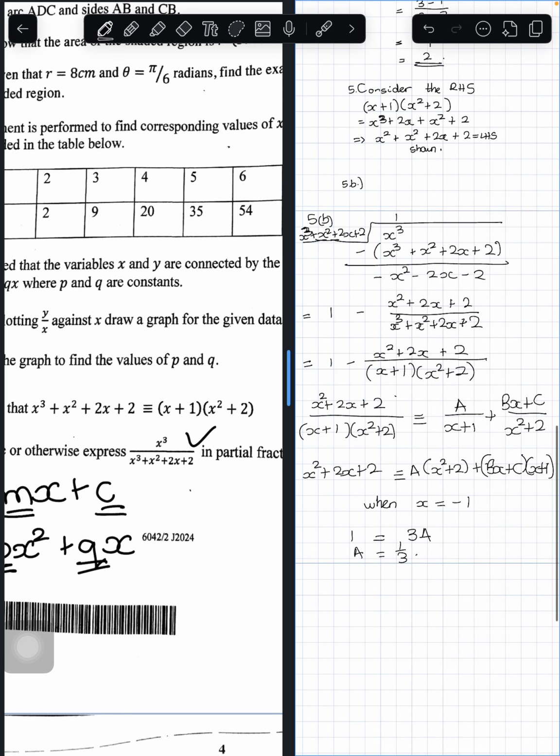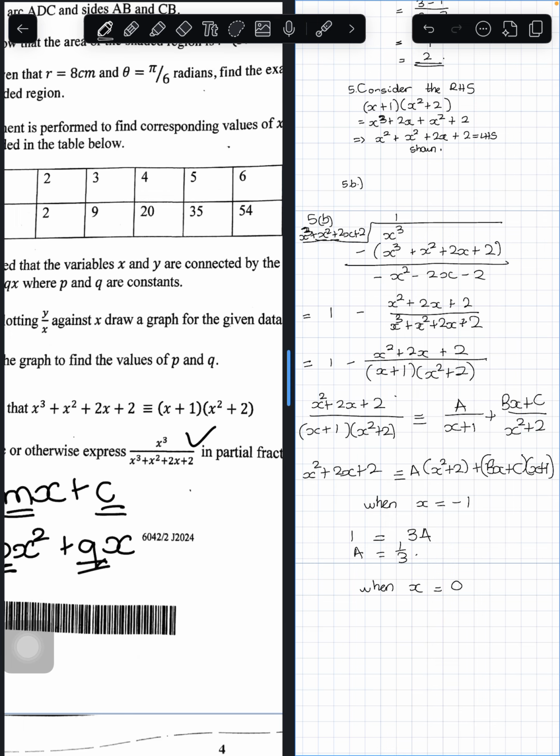Okay, right, and then the next part. Probably let's let x be equal to 0.